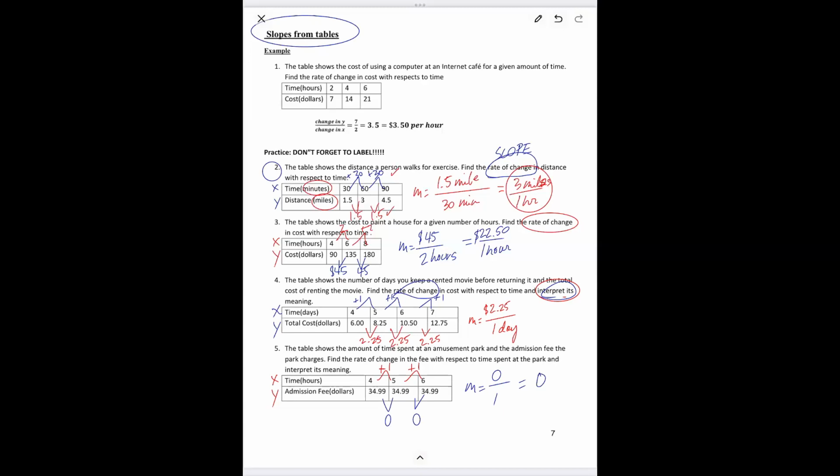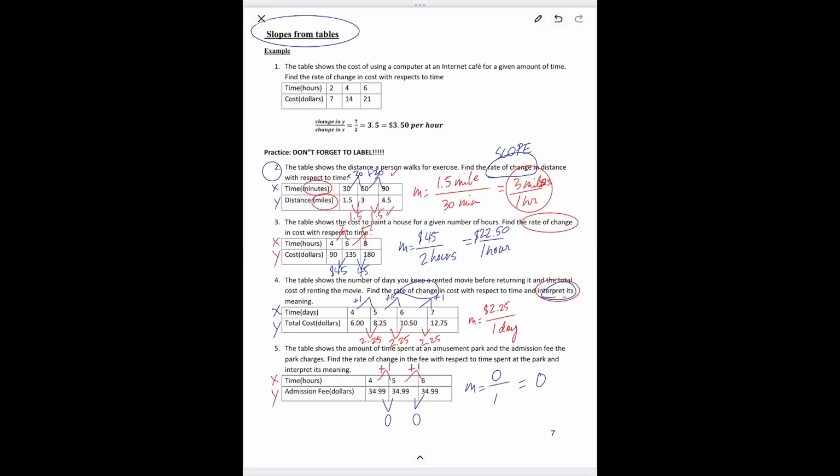So basically what this is saying is that the admission fee doesn't change. So that means you just have to pay $34.99, basically $35 to get in, and then you're in and you're not paying any more. So that's just like a flat fee to get into the park.